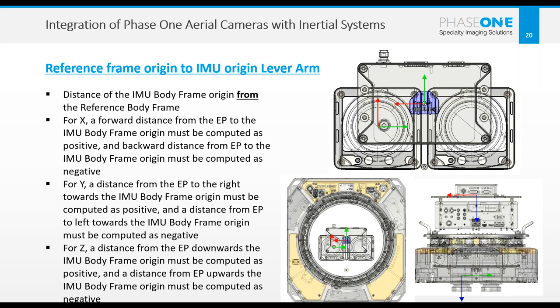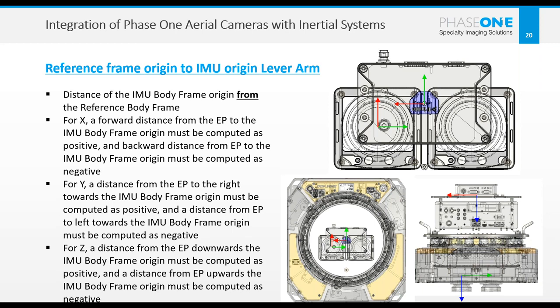So for X, a forward distance from the entrance pupil to the IMU origin must be computed as positive, and a backward distance from the entrance pupil to the IMU body frame origin must be computed as negative. In this case, we can see that the distance between the IMU and the entrance pupil is positive.